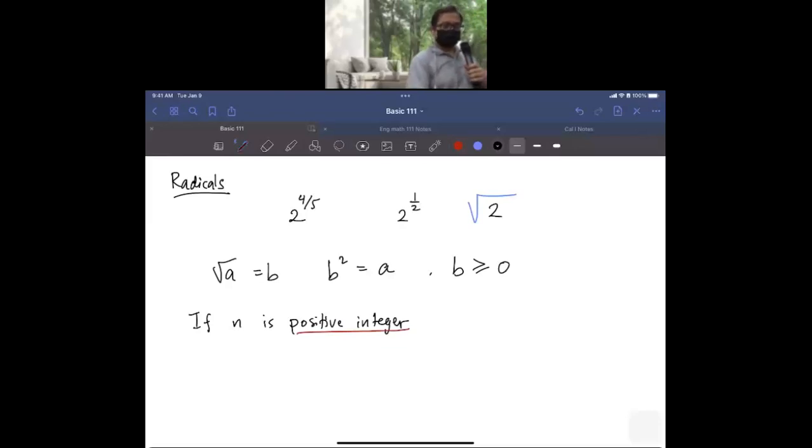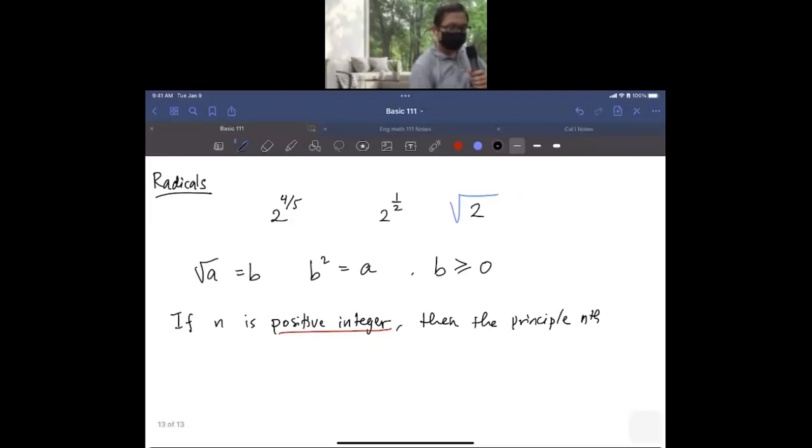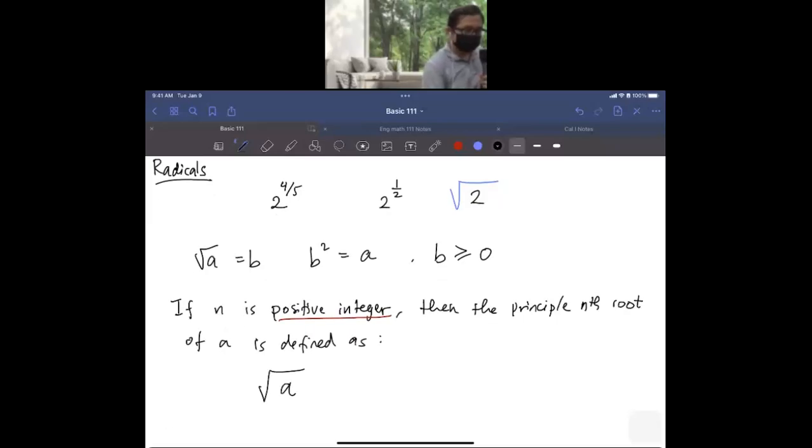Then the principal nth root of a is defined as b, meaning b with power of n equals a.